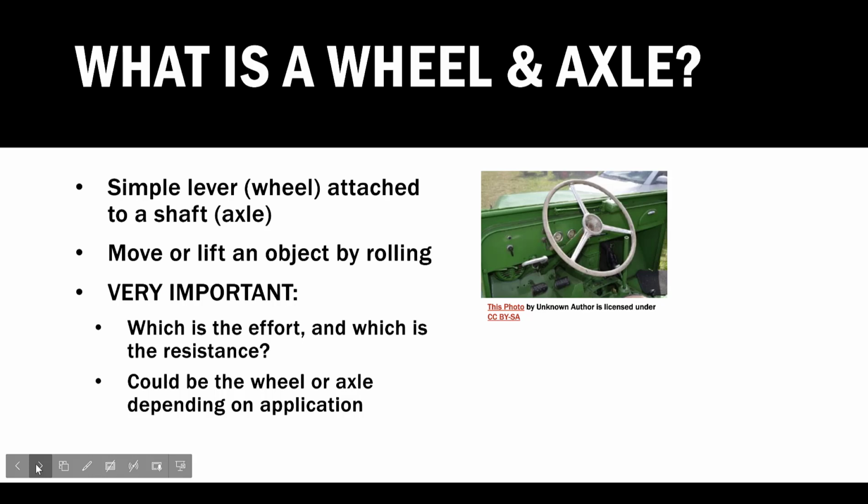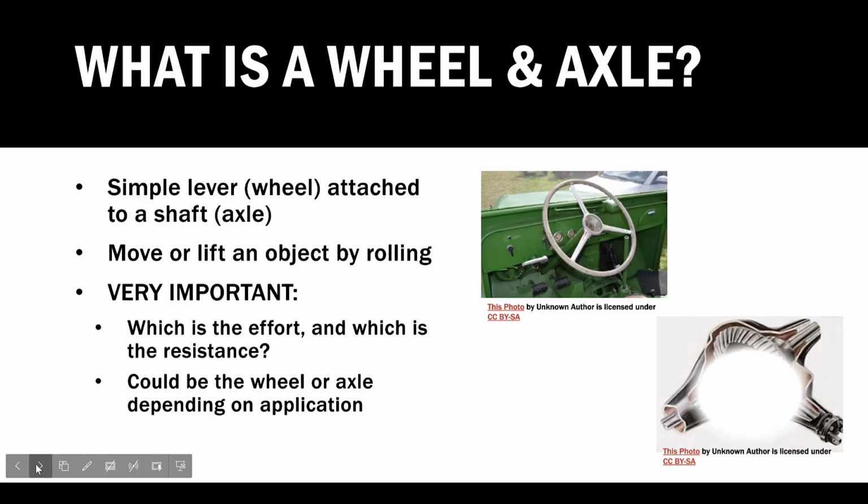So what am I turning? I'm turning the steering wheel. So that's where the effort goes. The resistance goes into that green shaft, the axle. So in this case, the steering wheel is the effort and the axle is the resistance.